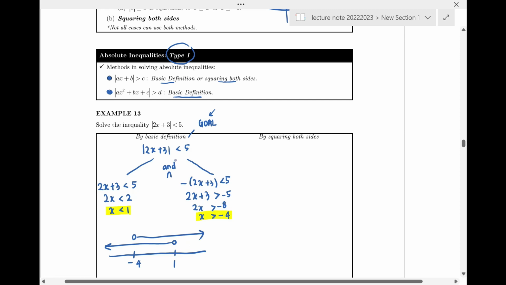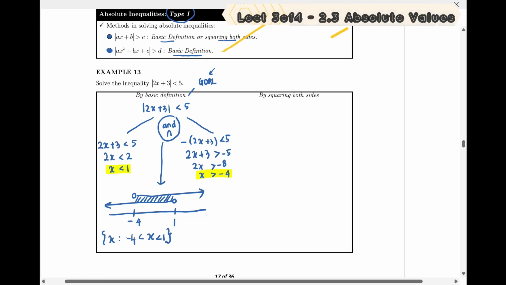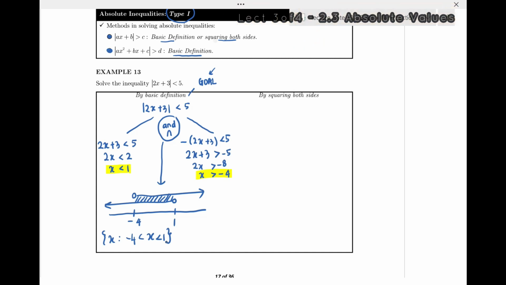Since we are going to use AND or intersect, we have to find the intersection of both lines. So we'll take the answer. The solution set is x, where x is between -4 and 1. So we are done with the question by using basic definition.